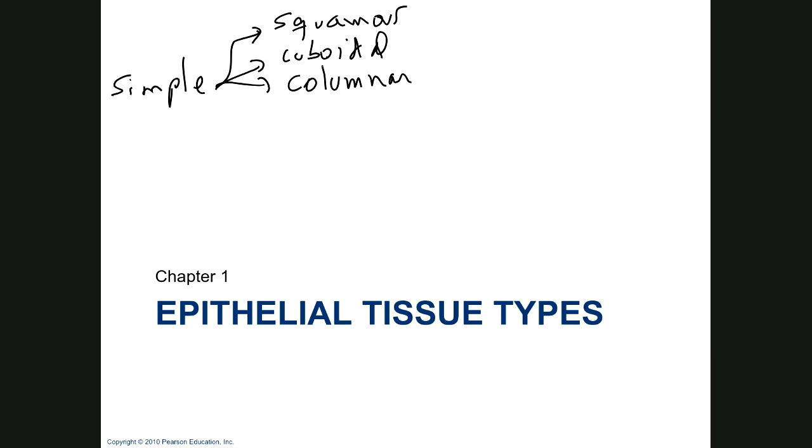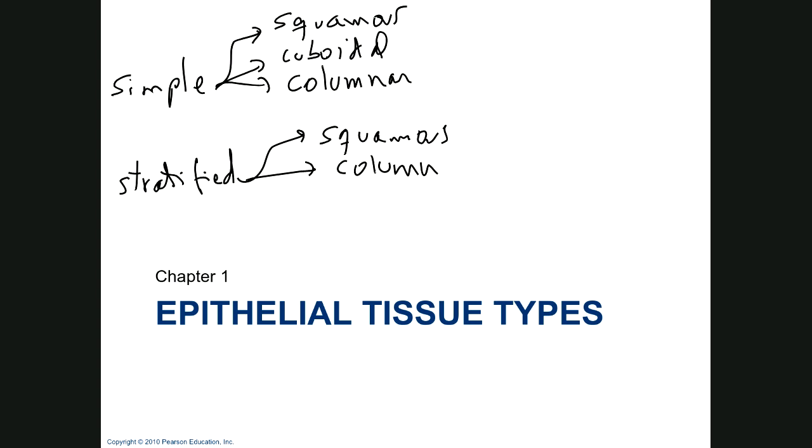When it comes to stratified epithelium, cells can be squamous, it could be columnar, or they could be cuboidal. So stratified is squamous, stratified columnar epithelium, or stratified cuboidal epithelium.